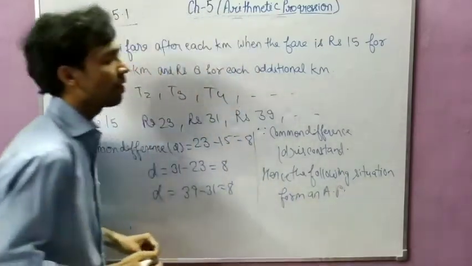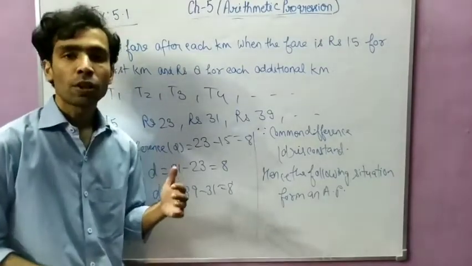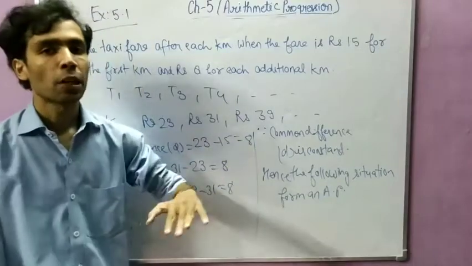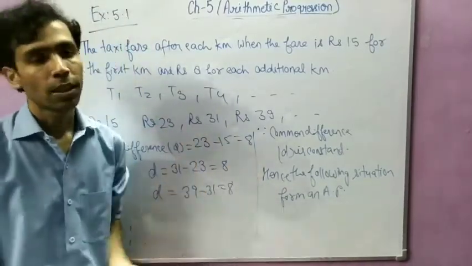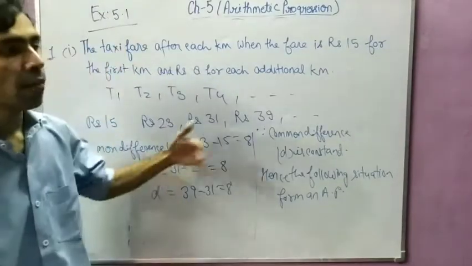We have given the reason also. First, we calculated the cost per kilometer: the cost of the first kilometer was 15, the second was 23, the third was 31 and the fourth was 39. Then we checked the common difference, so hence they are forming an AP.